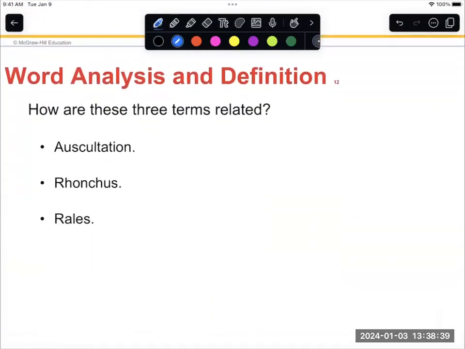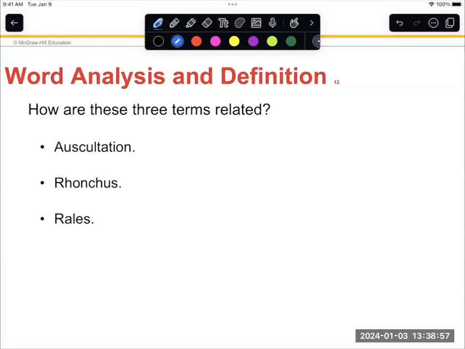Auscultation means to listen to body sounds with a stethoscope. You can auscultate the heart, the lungs, the digestive tract, and blood vessels.